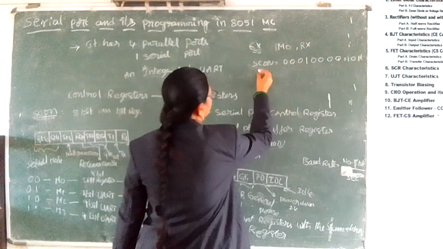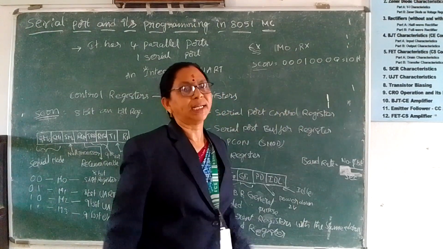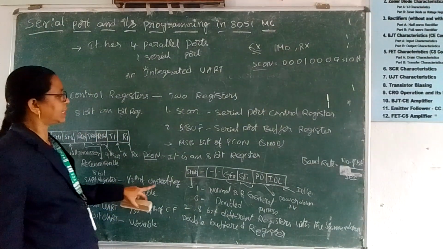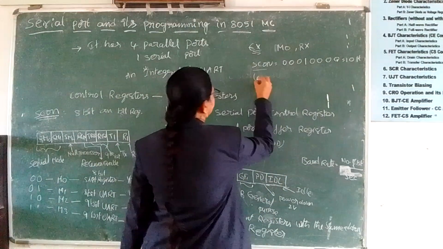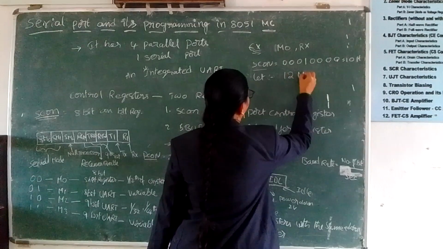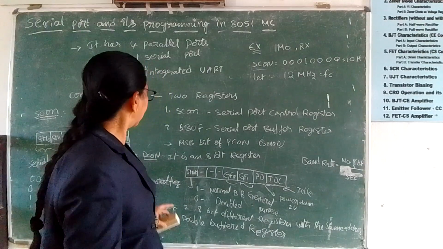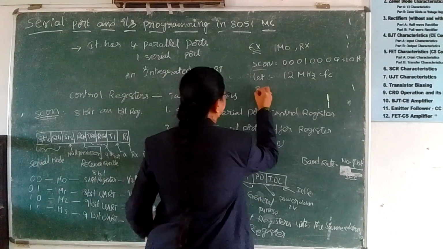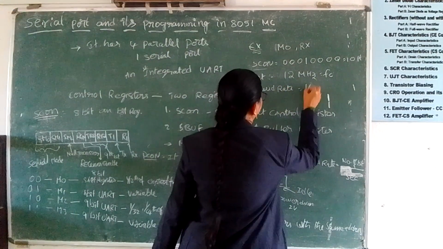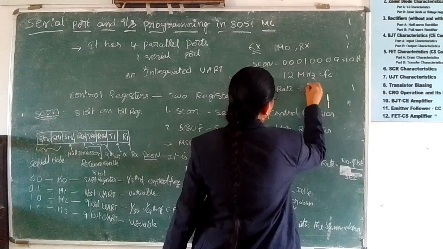In the receiving operation, what is the baud rate? The baud rate can be calculated by this equation, 1/12 of the crystal frequency. Suppose, for simple calculation, the crystal frequency is 12 megahertz. The baud rate in mode 0 is 1/12 times 12 megahertz.